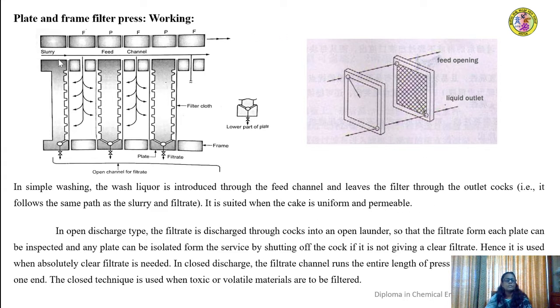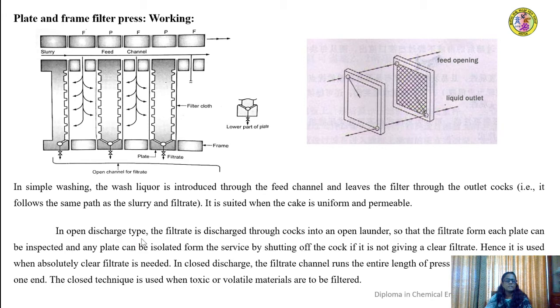This kind of washing will give you better performance only when the cake that is formed is a uniform cake and has sufficient porosity. So when it is in the form of a permeable cake, then you can have this kind of washing. Otherwise, you need to make an arrangement for thorough washing to have an efficient washing of the filter cake.